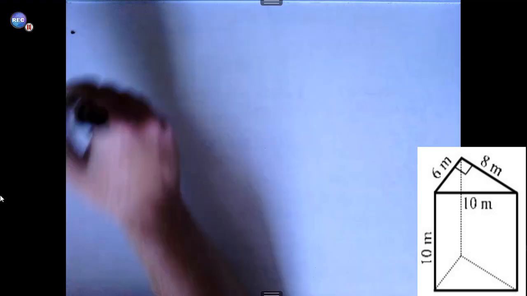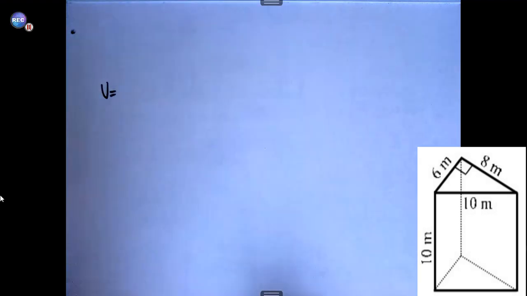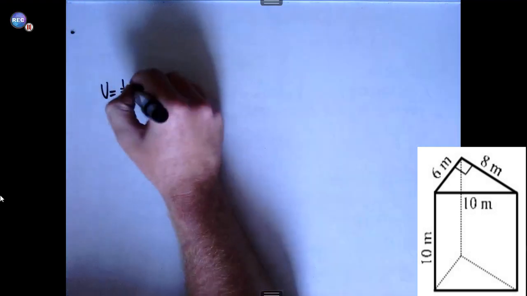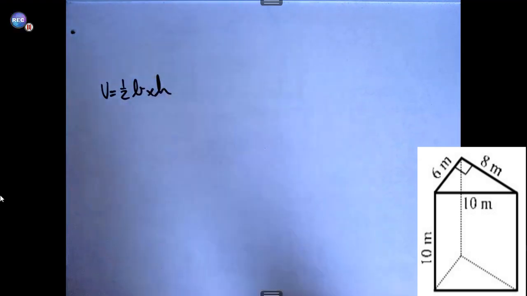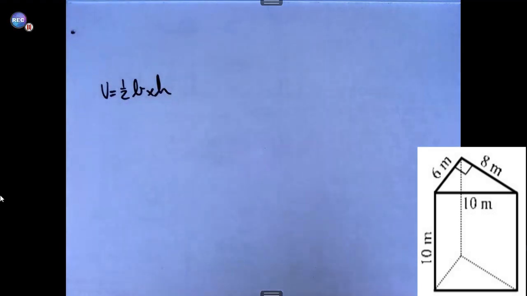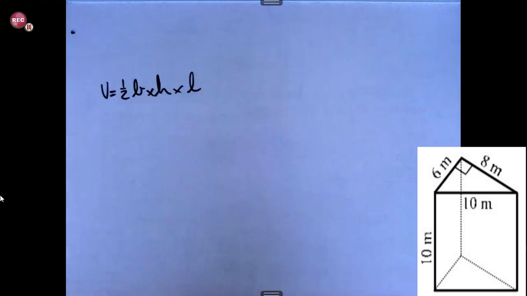This one is a bit different, so the area of the triangle would be half the base times the height, and then we will multiply that with the length of the actual shape.